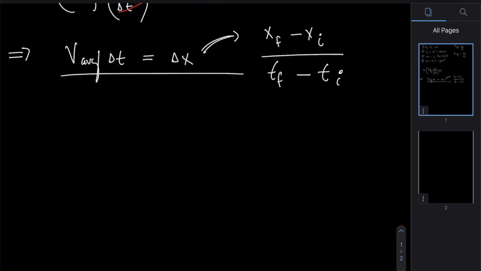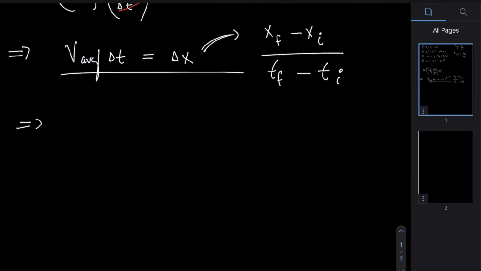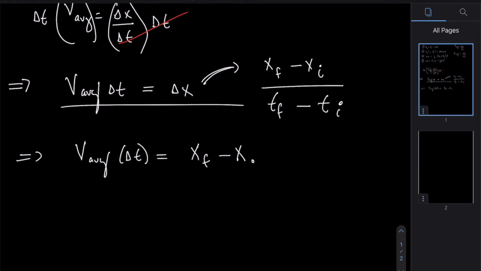So with that in mind, we can rewrite this as the average velocity times time is equal to the change in position, so x final minus x initial. This can also be rewritten as x naught, right? The 0 down here is a naught, and these mean the same thing. It's just different ways of writing them. They're interchangeable, so hopefully that doesn't confuse you as I write these down.